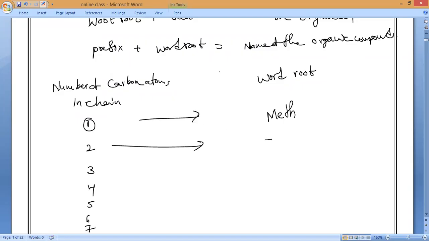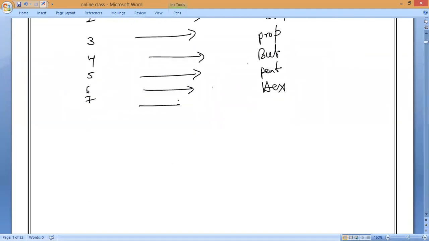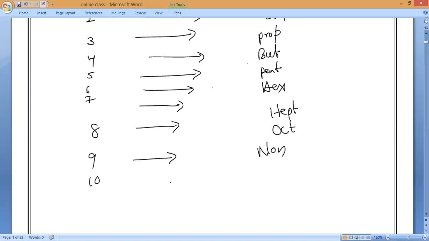We already know. For 3 we say prop, 4 we say but, 5 we say pent, 6 we say hex, and 7 hept. And for 8, 9, and up to 10: 8 is oct, 9 is non, and 10 is dec.